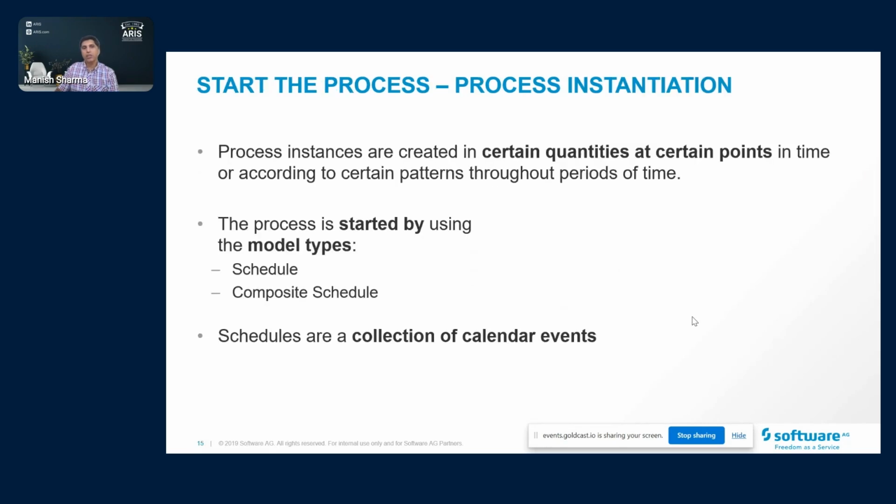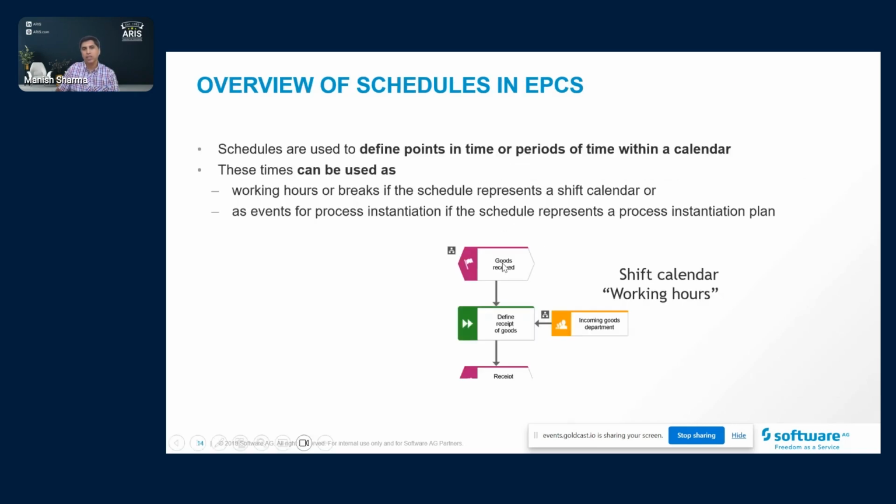Apart from that, there's also the option of having an initiating calendar, as in a schedule of initiation. What that means is that in this start event, goods receipt, you could say, okay, it triggers 10 times in a day or 100 times in a day, but it may not be the same throughout the calendar year.